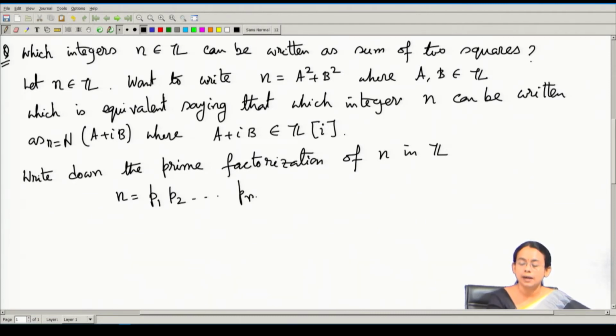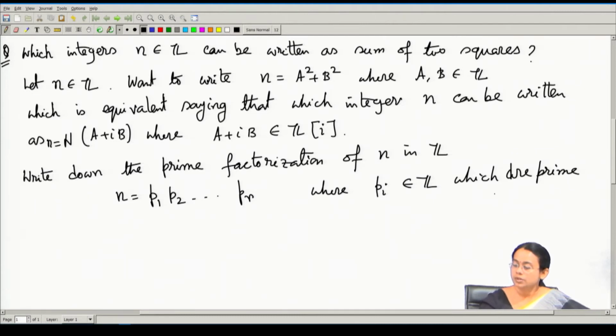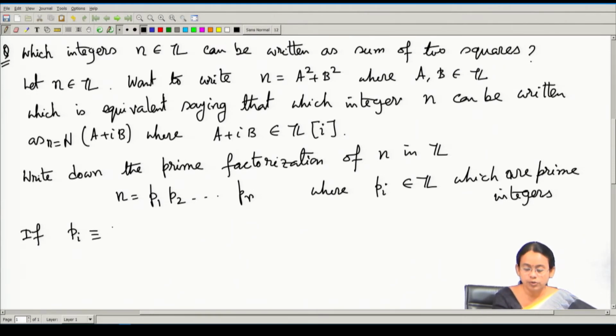All these pi's are prime elements in Z, that is, prime integers. So first we have written the factorization of this integer n into a product of prime integers. Now, if this prime pi is congruent to 3 mod 4, then what do we know?